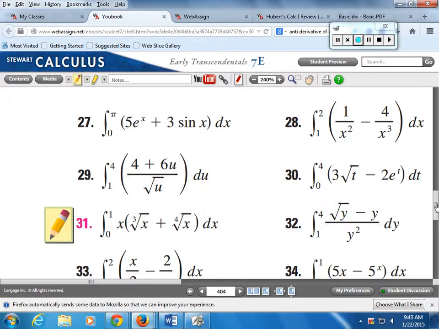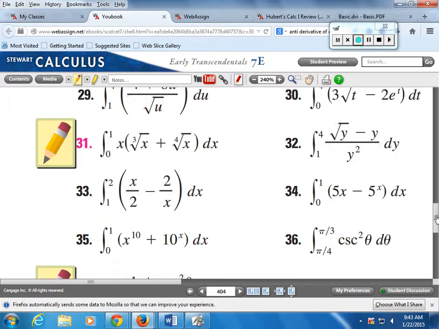Try 32. We'll do 32. Make sure your calculator's in radians.